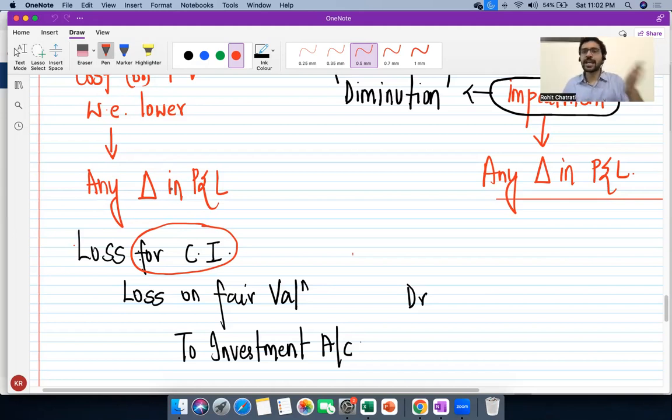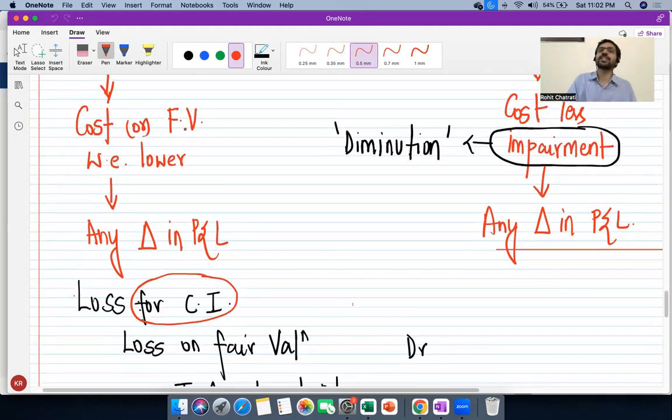So originally I had an investment at 700. I'm reducing the value of investment by 30 rupees. So 700 minus 30, the investment will now appear in my books at 670, which is the fair value. So I've applied the principle of cost or fair value, whichever is lower.